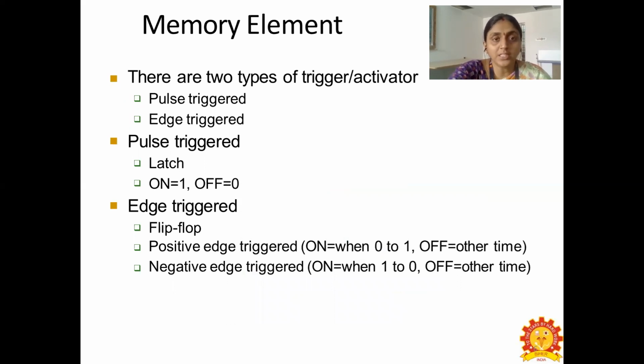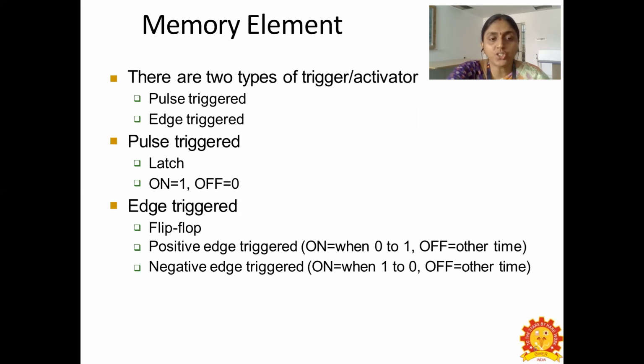As we discussed, there are two types of trigger or activator: pulse triggered and edge triggered. Pulse triggered is found in latches, where the on state is represented by value 1 and the off state by value 0.